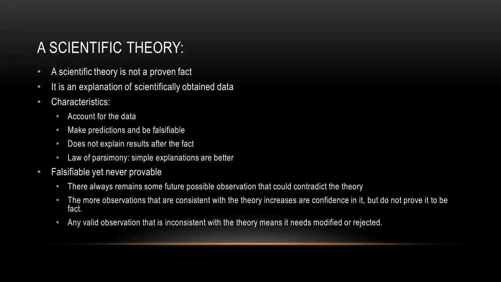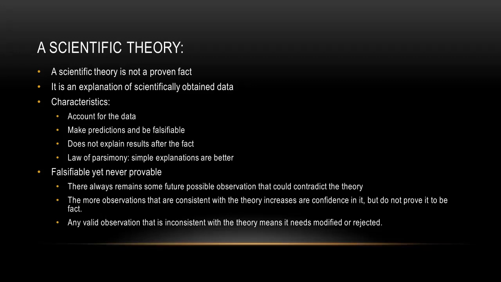And every time I observe a new raven and see that it is black, that adds more confidence in the theory, but does it prove it to be true? Is it possible that somewhere out there is a non-black raven hiding that is yet to be discovered? Well, it is possible. And until I observe that, I believe the theory to be true, but I can't absolutely prove it true.